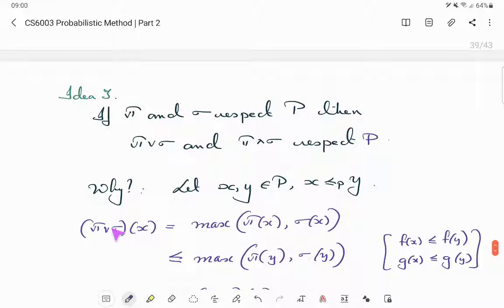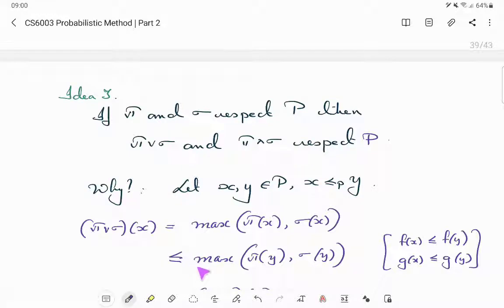But what is (pi join sigma)(x)? What is the definition of the join operator? That's the max of the two values, so it's max of pi x, sigma x. But now remember, both pi and sigma respect p, which means since x precedes y, pi x is less than or equal to pi y and sigma x is less than or equal to sigma y. So both the arguments inside the max function dominate the corresponding arguments in the previous line, so this max value can never go down.